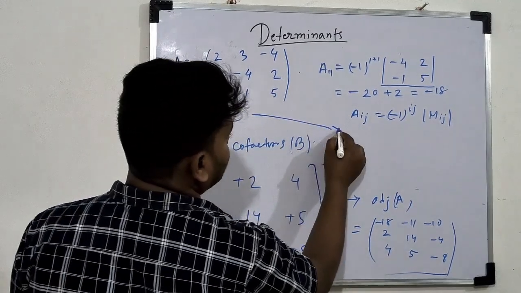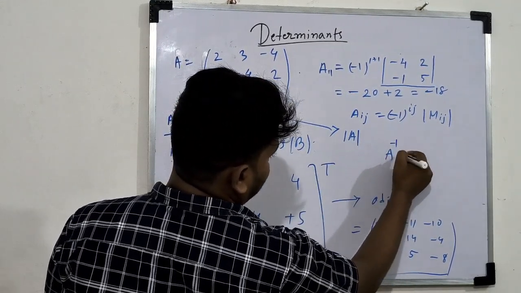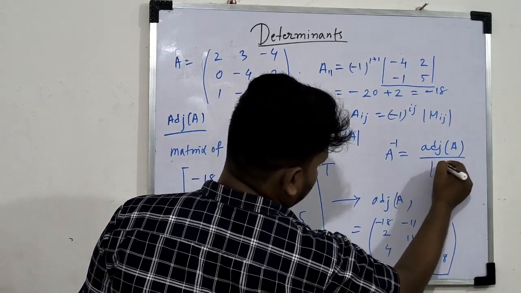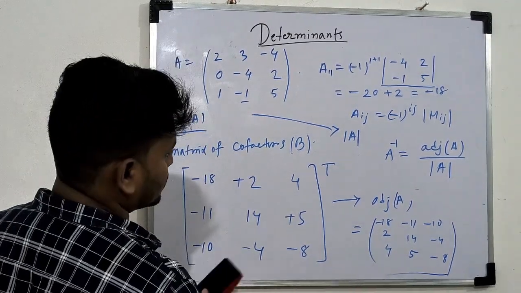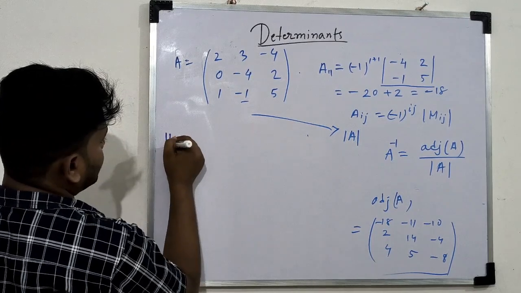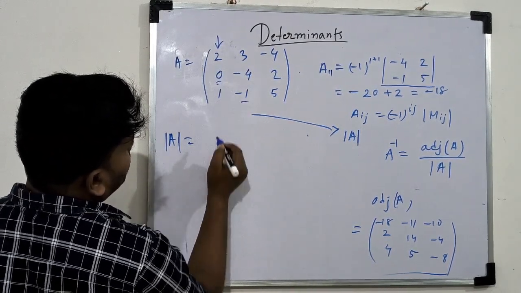And if we find the determinant, then we can find the A inverse, which is the adjoint of A divided by the determinant. For this matrix, we can find the inverse. So this is the adjoint matrix, and to find the determinant we expand with respect to this row as there is a 0.